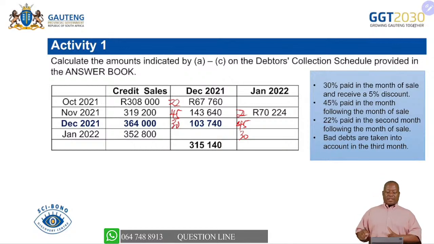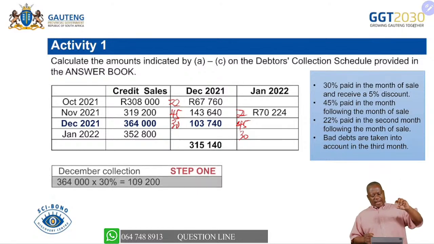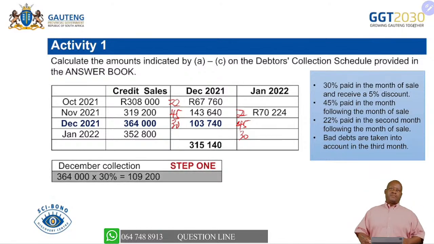We are dealing with December now. But in December, for December, the 30% comes with a 5% discount. So how do we go about it?